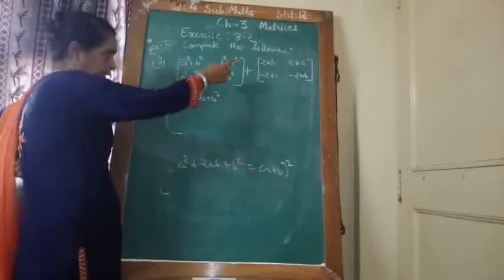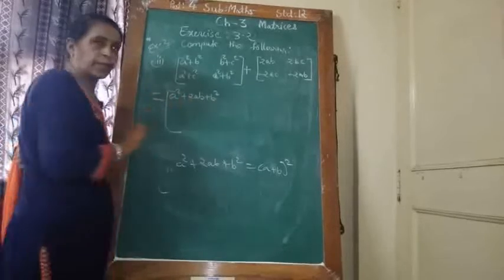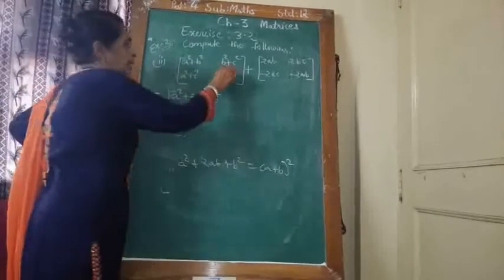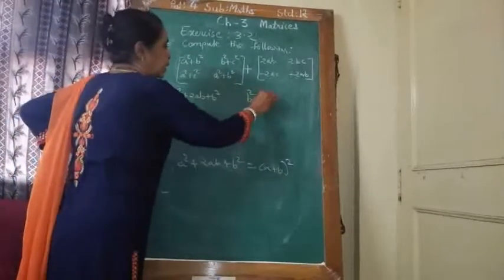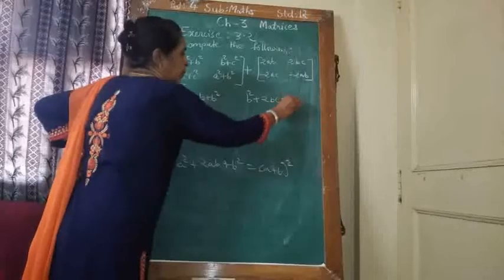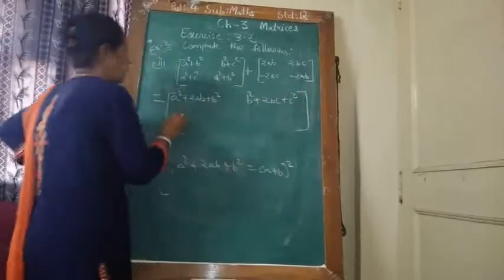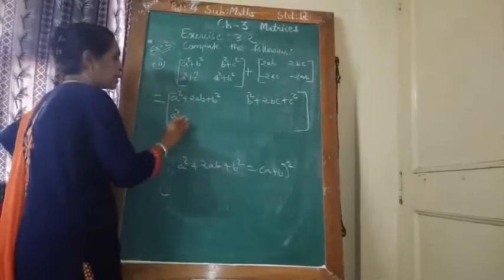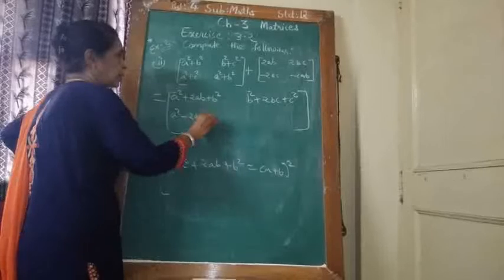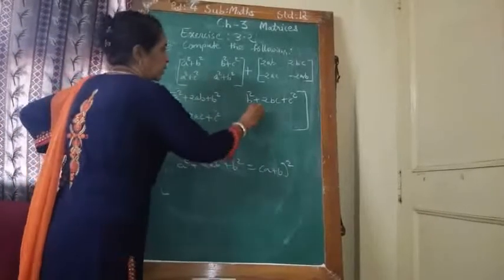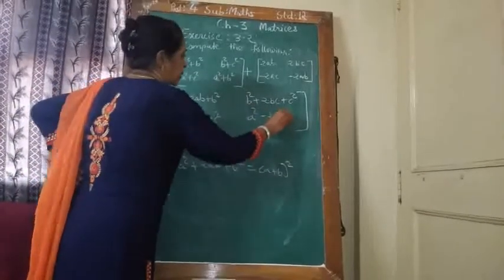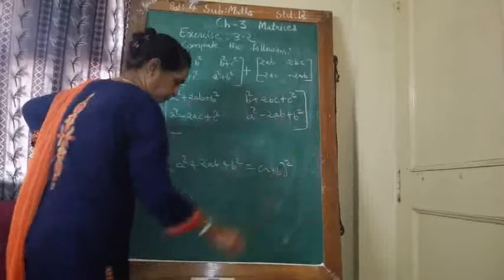Okay, it is better to put 2AB as the middle term. B square plus 2BC plus C square. A square minus 2AC plus C square. A square minus 2AB plus B square.